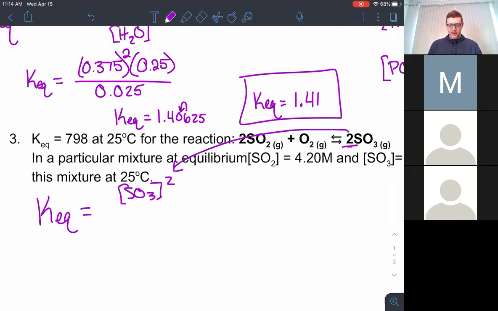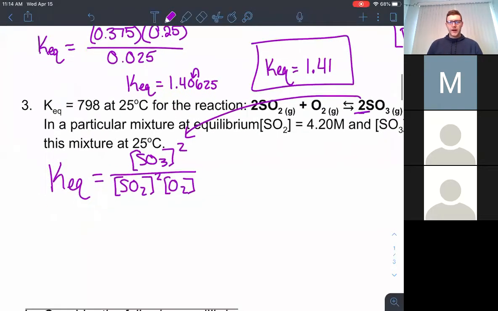All right. Then what goes on the bottom? The reactants. So if I'm writing those out, SO2 to the power of 2. Awesome. Then O2. And these get multiplied together.